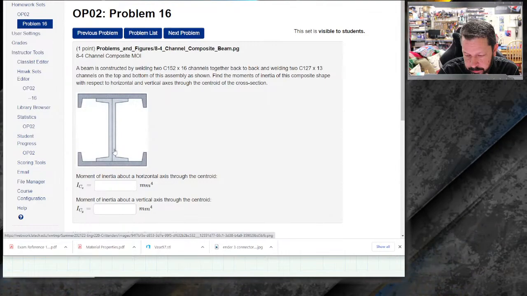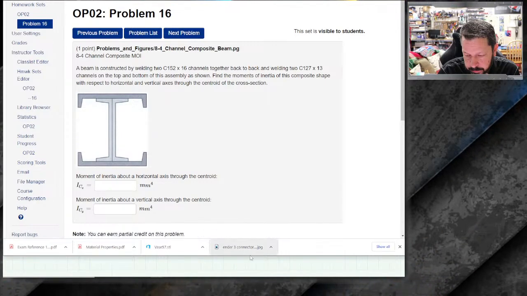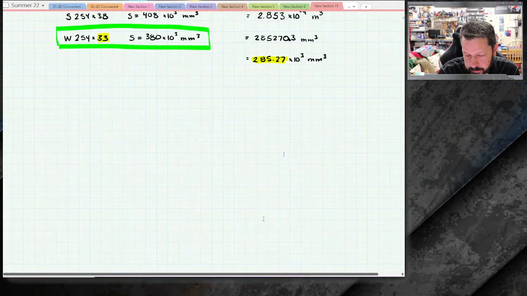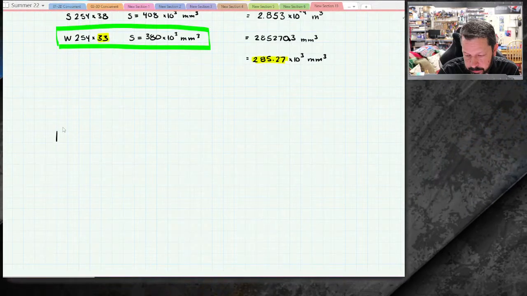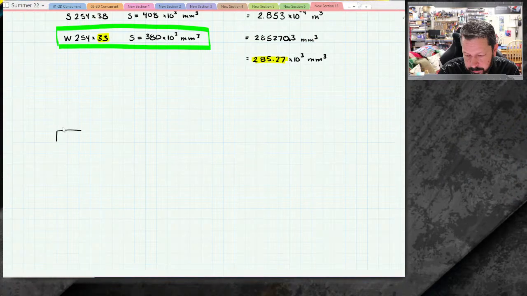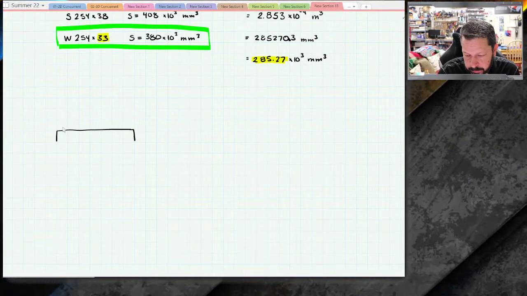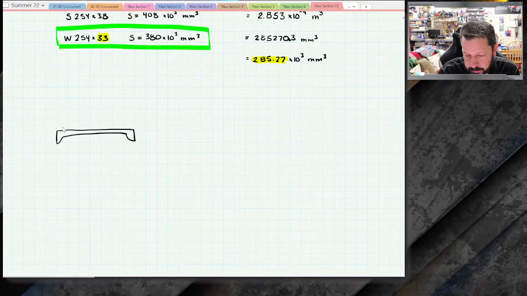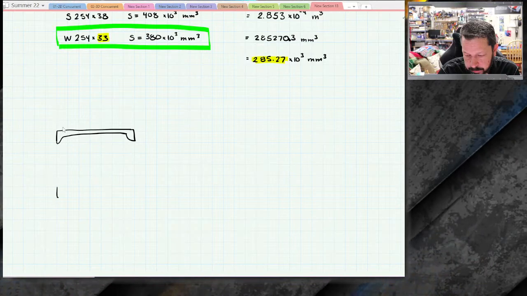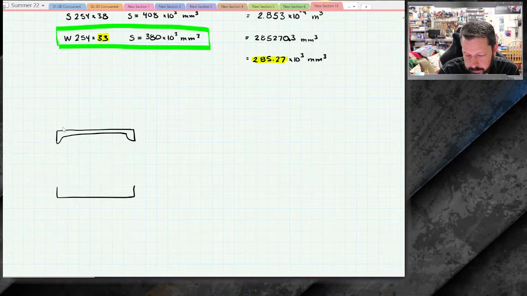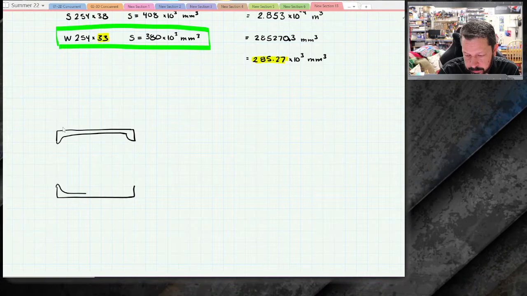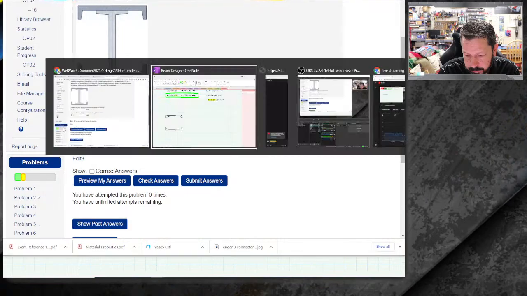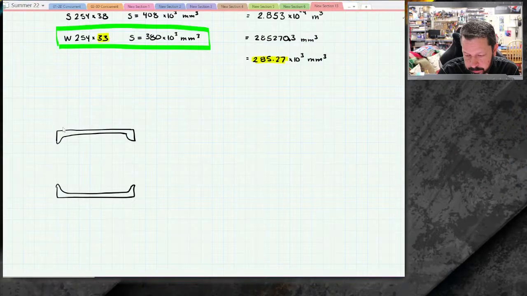But this is the cross section. I don't know how easily I can draw this picture, but just so that we have some idea of, I'm sure that you know why we're using YY versus XX. So here's our cross section, kind of like what they have. They made it out of some channel beam, actually a bunch of channel beams. So there's channel beams in here too.